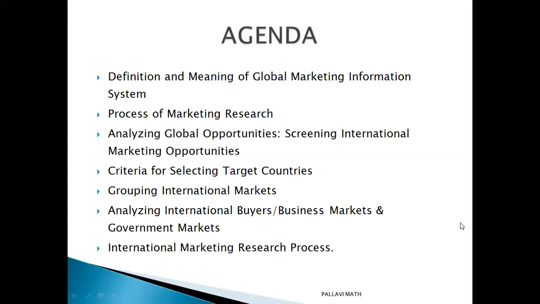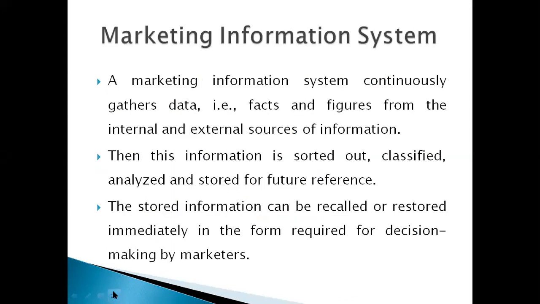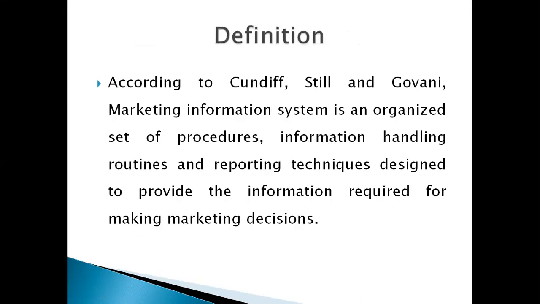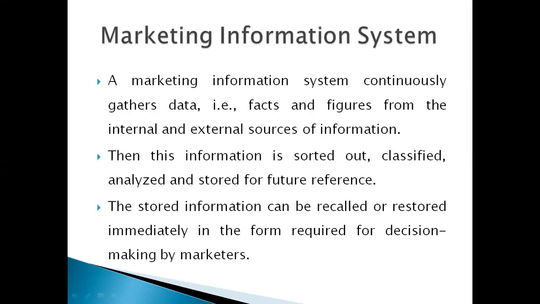First, let us begin with the definition and meaning of marketing information system and global marketing information system. What do you mean by marketing information system? It is nothing but collecting the information.